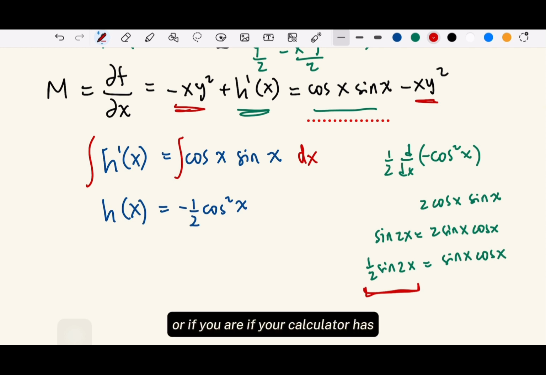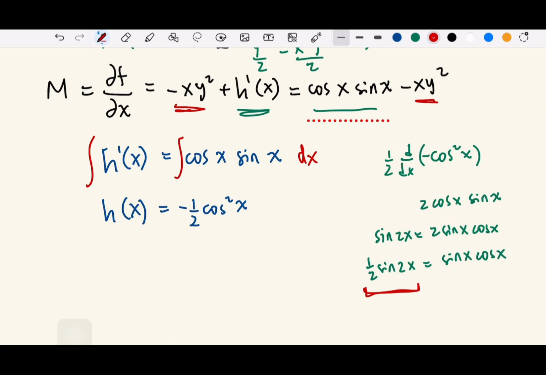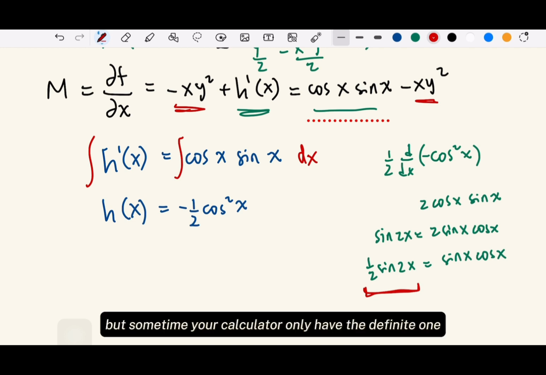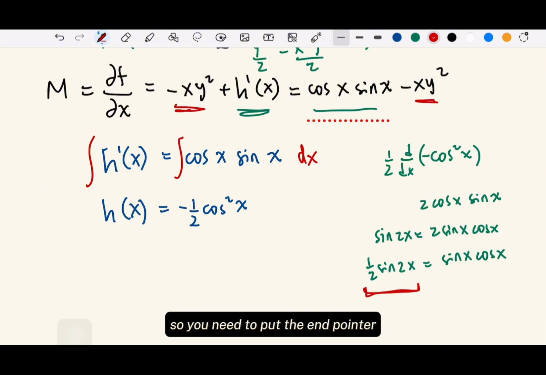Or if your calculator has integral functions, you can check. But sometimes your calculator only has the definite one, so you need to put in the endpoints, right? But maybe you can try. But I'm not sure. Yeah, but I think this is simple, right? You can just try each one. But I'm trying this directly because I know that if I have sine squared or cosine squared, it would result in a similar structure, right?